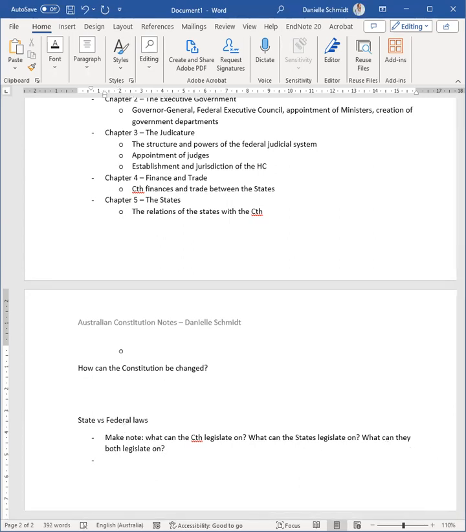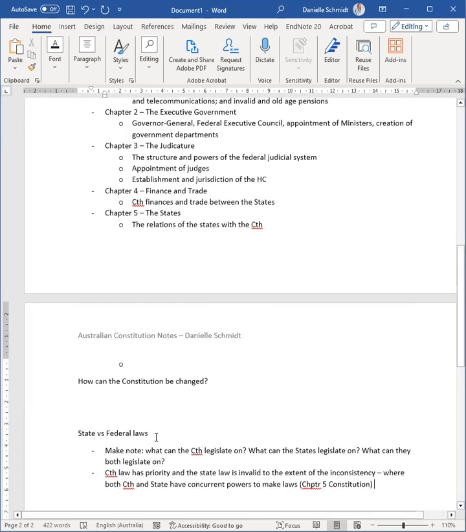When they both legislate on the same law, the Commonwealth law has priority, and the state law is invalid to the extent of any inconsistency, where both Commonwealth and state have concurrent powers to make laws. And that's chapter 5 Constitution.